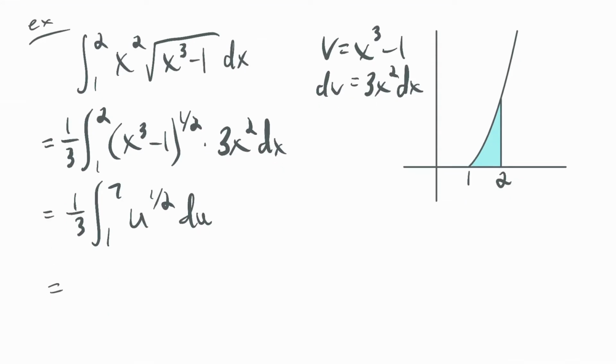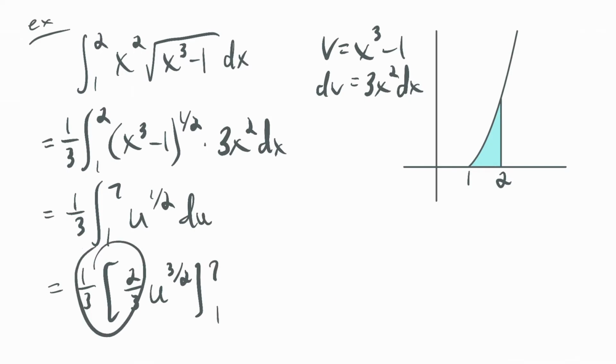Okay, so this equals 1/3 times, well, 2/3 u to the 3/2 power evaluated at 1 and at 7. I'm going to go ahead and combine these together and make 2/9.